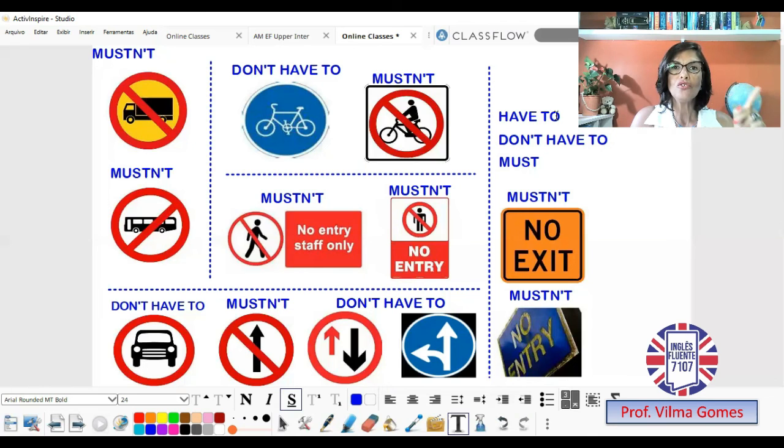You have to look for another place, right? To enter or to exit. Você tem que procurar por um outro lugar para que você entre ou saia, certo? So have to, must, pretty similar. Ok, don't have to, você tem a opção. Você não tem que fazer, mas pode fazer se assim o quiser, ok? Let's continue.